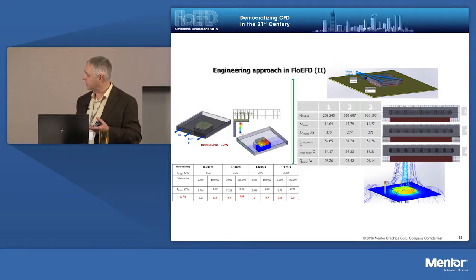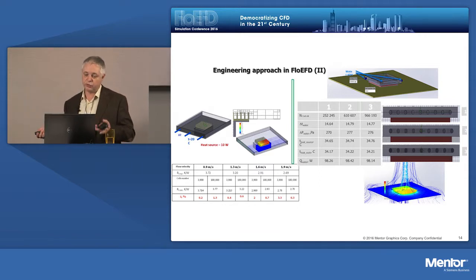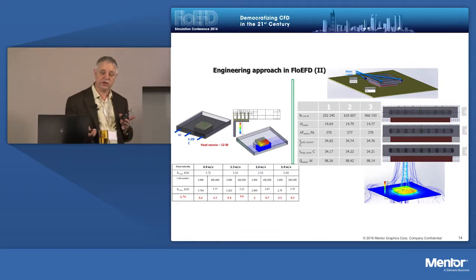Here is the example of a heat exchanger with a long pipe, and there are three kinds of grid with absolutely different grid resolution. In the first case it's 200,000 cells, in the second it's more than 500,000, in the third it's approximately 1 million, but the results are practically the same. It's a really interesting fact.